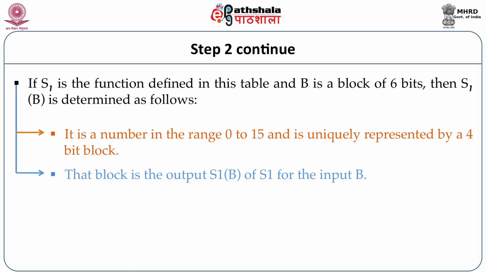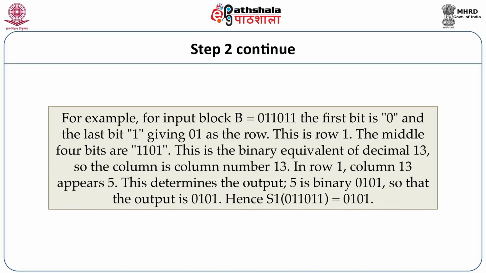For example, the input to the block B is 0, 1, 1, 0, 1, 1. Take the first bit 0 and the last bit 1, it gives you 0, 1, so this represents row number 1. The middle 4 bits are 1, 1, 0, 1, equivalent to 13, so look at column number 13.